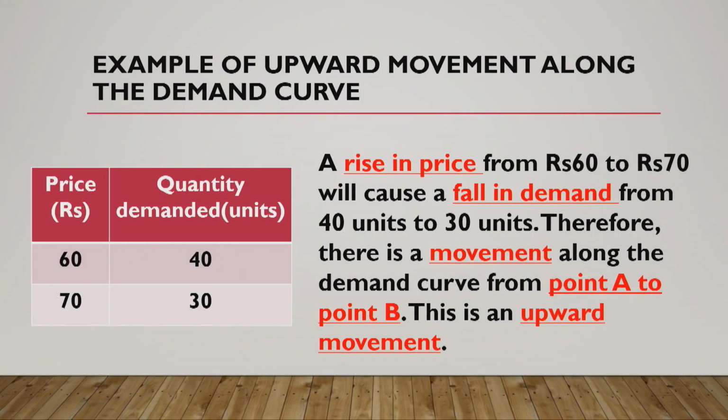For example, a rise in price from 60 rupees to 70 rupees will cause a fall in demand from 40 units to 30 units. Therefore, there is a movement along the demand curve from point A to point B. This is an upward movement.